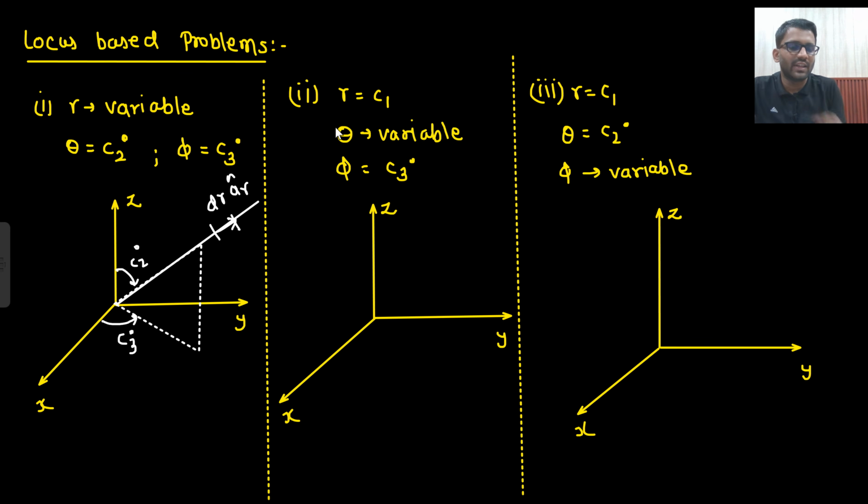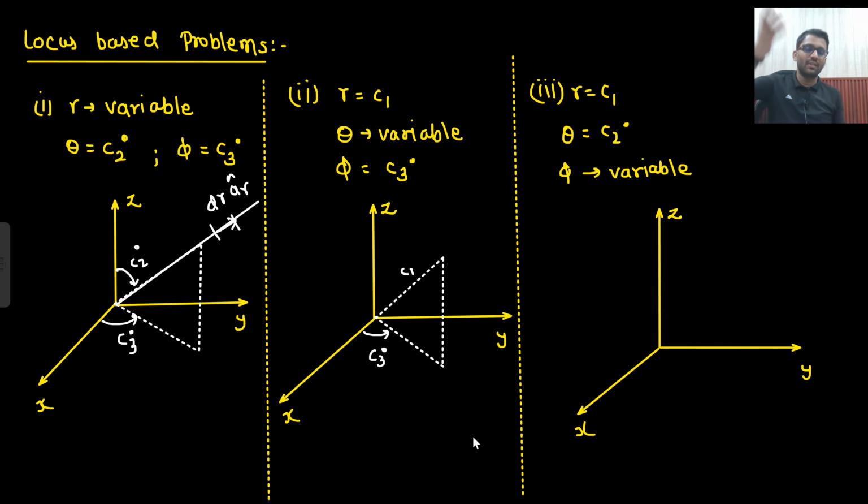In which direction will it increase? Theta is variable, so it will increase in the theta direction. Let's see it. So r is C1 and theta is variable. R is C1 and theta is variable, and phi is C3, that is also fixed. What is the scene? Your r is fixed, and whatever angle it is making with your xy plane, this angle is also fixed.